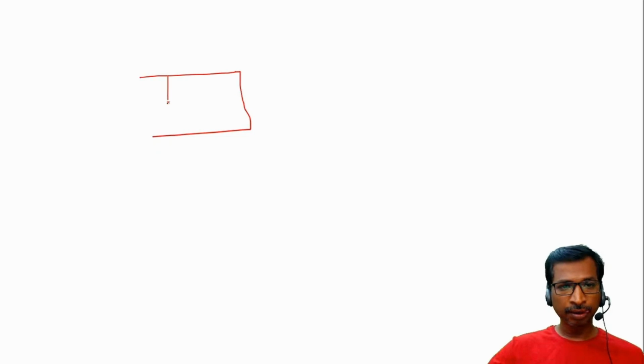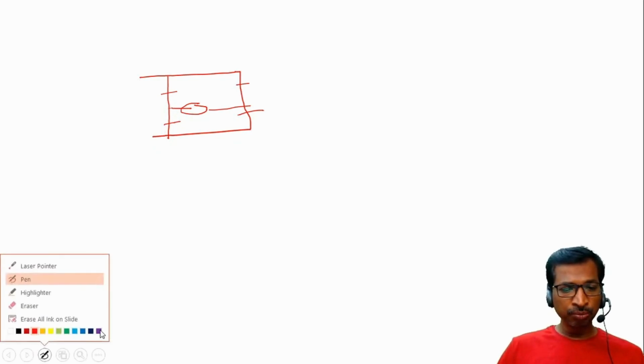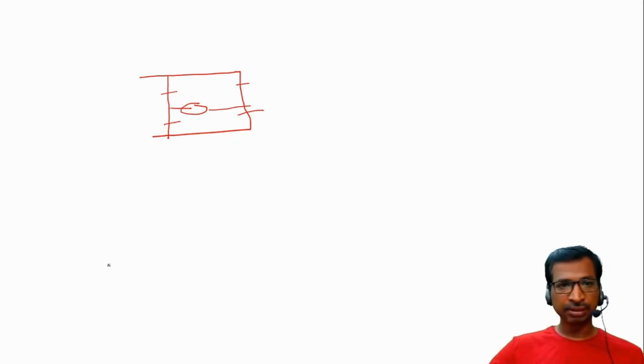See here, we have used 4 MOSFETs. And now if you change the pulse width modulation for these two MOSFETs, see here, PWM and then PWM, the same PWM, if you apply, then the motor will be in the forward direction.